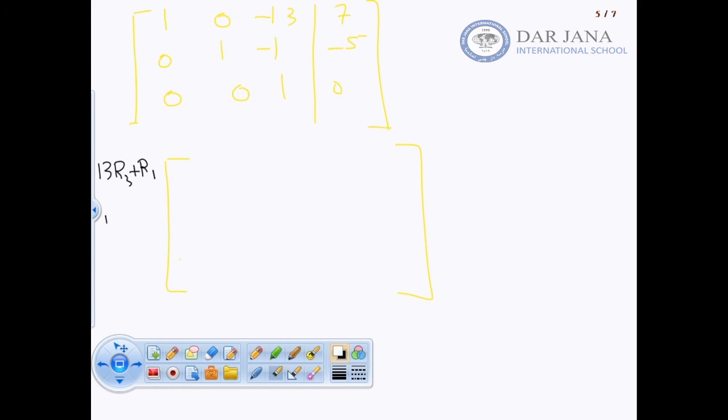Also, I'm going to add R3 to R2, and R3 will remain as it is: 0, 0, 1, 0.